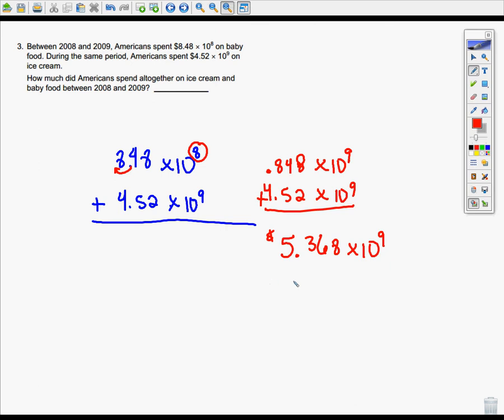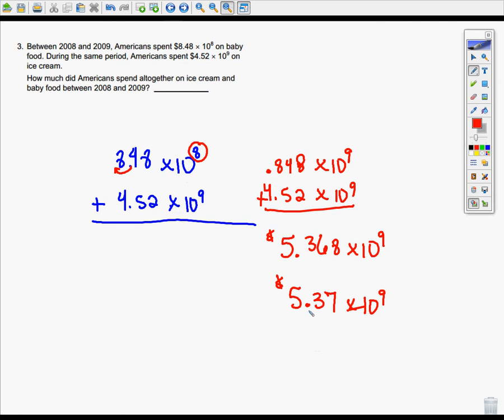And this would be dollars. If I rounded this, it'd be about 5.37, because I'm looking at dollars and cents, times 10 to the 9th. It's not a negative, it's just my pen is going crazy. Okay, and that's how much money we spent.